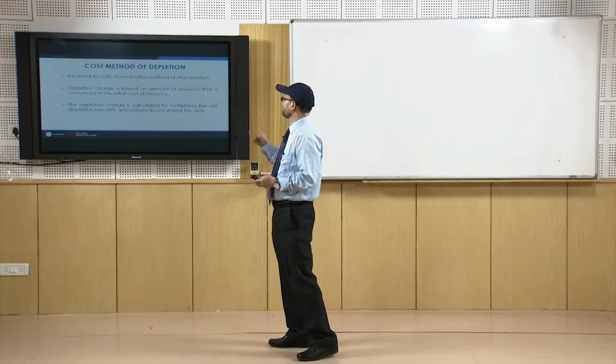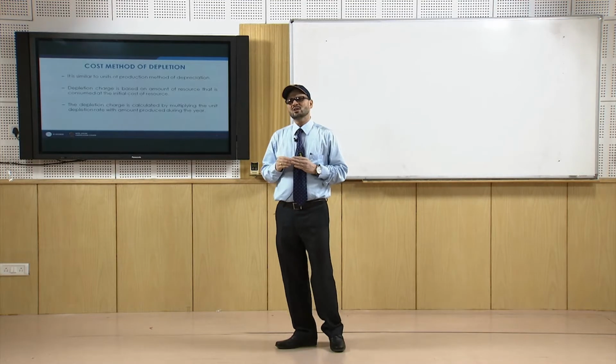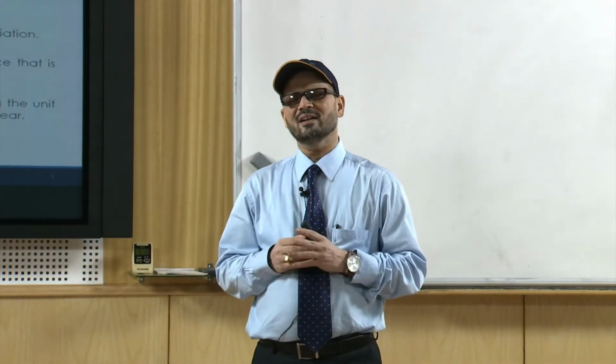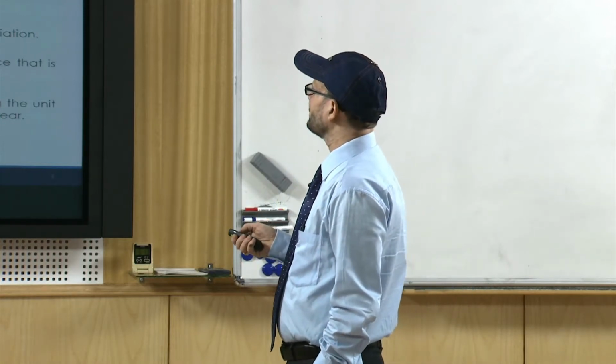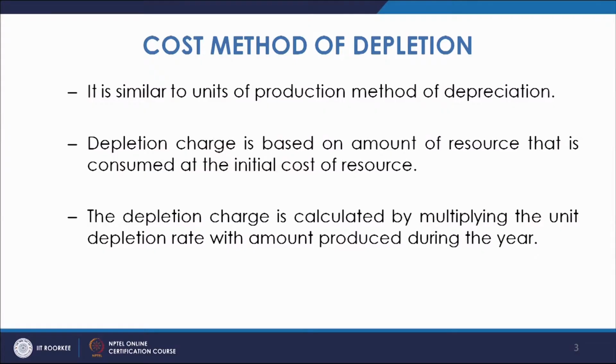Now, the cost method of depletion is similar to the units of production method which we have discussed earlier in depreciation. In this case, the depletion charge will be based on the amount of resource that is consumed at the initial cost of the resource.